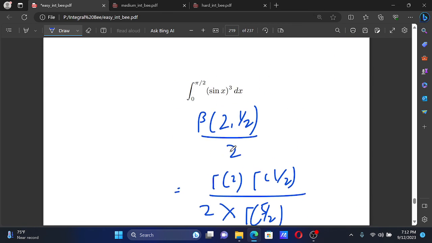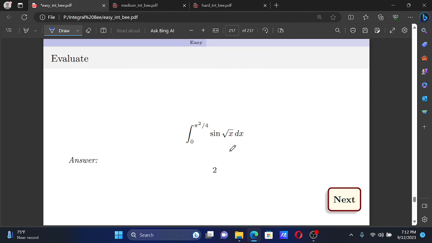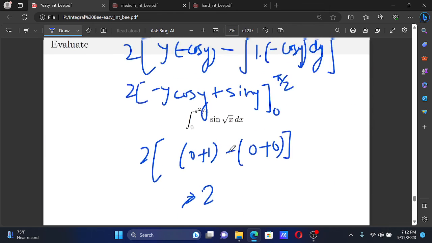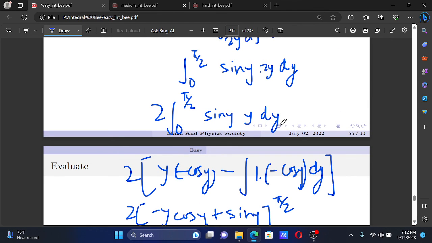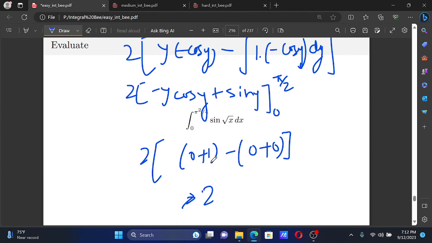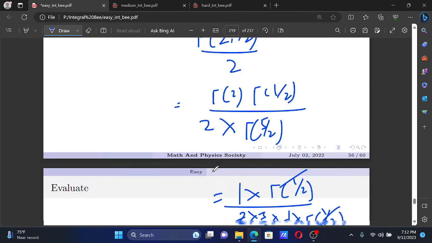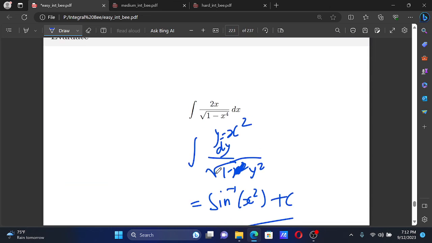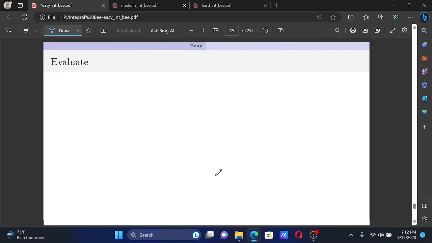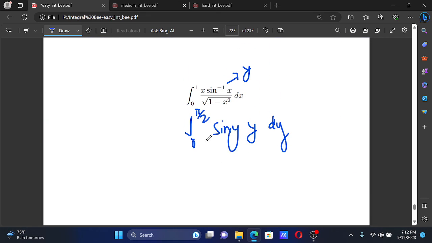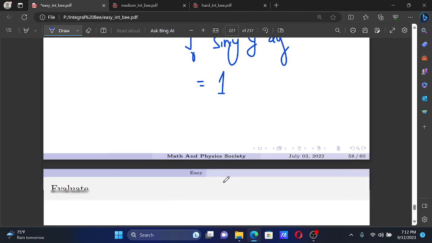So what was it? I guess we did it earlier. Integral of sine y times y dy from 0 to pi by 2 is just 1. We can use that here. It's just 1, so that's 1. No need to do it again.